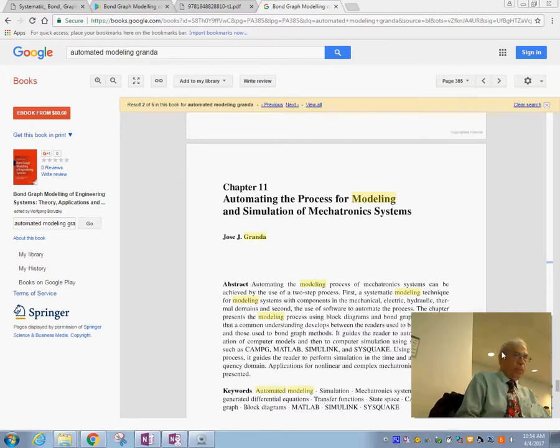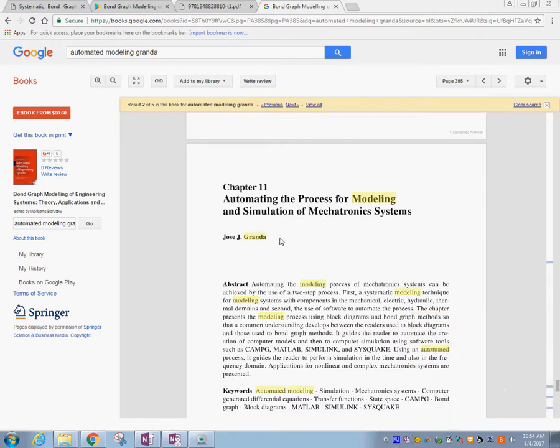The book is called Bond Graph Modeling of Engineering Systems: Theory and Applications on Software, okay? And that is edited by Professor Wolfgang Borutsky, who is a professor at the University of Applied Sciences in St. Augustine, Germany.